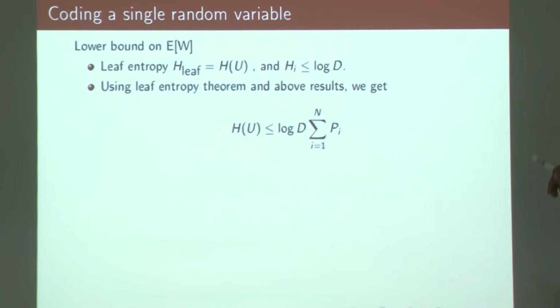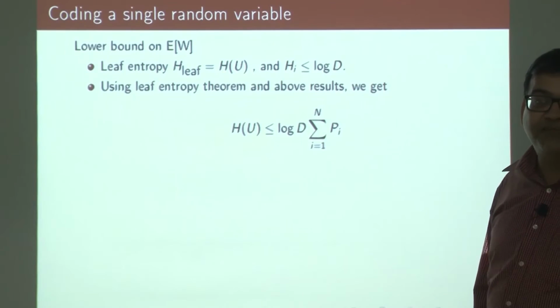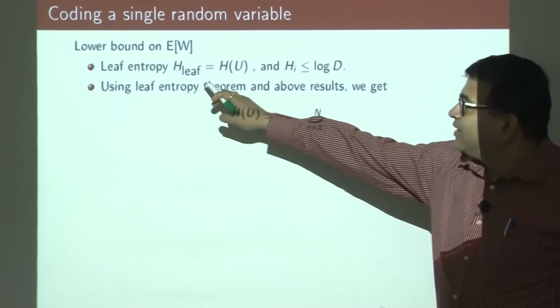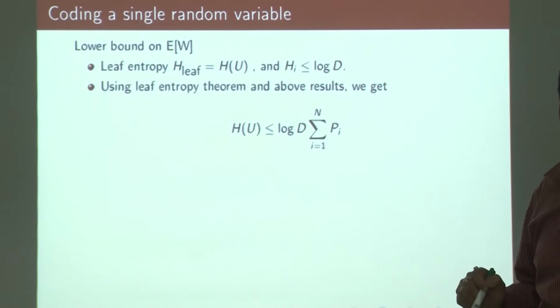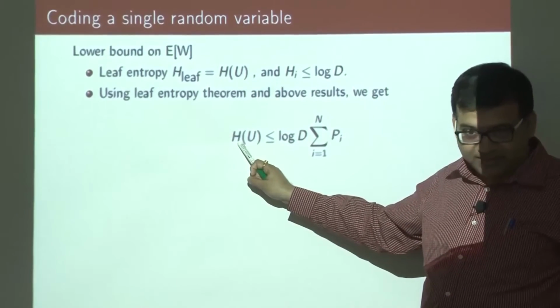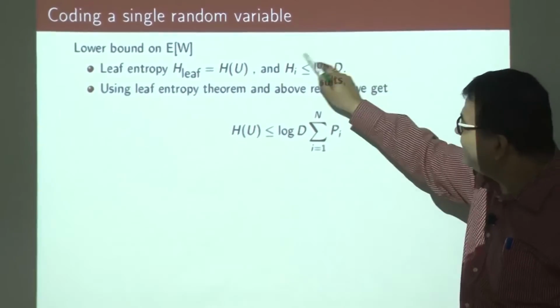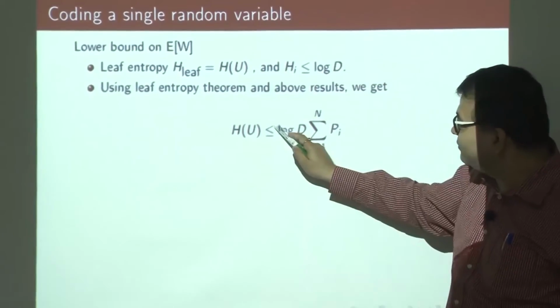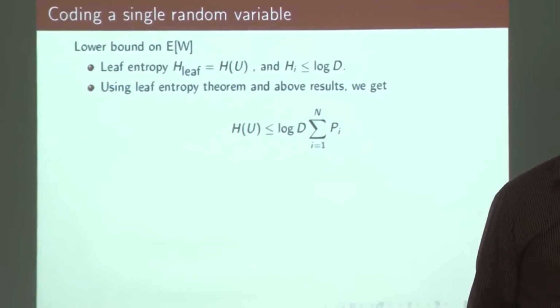Now, we are going to make use of the path length lemma, as well as this leaf entropy theorem. The leaf entropy theorem says H leaf is equal to summation over all nodes pi hi. Now, what I did was I replaced H leaf by this. This is equal to summation pi hi. Now, hi is upper bounded by log of D. So, I have this, and this is summation pi.